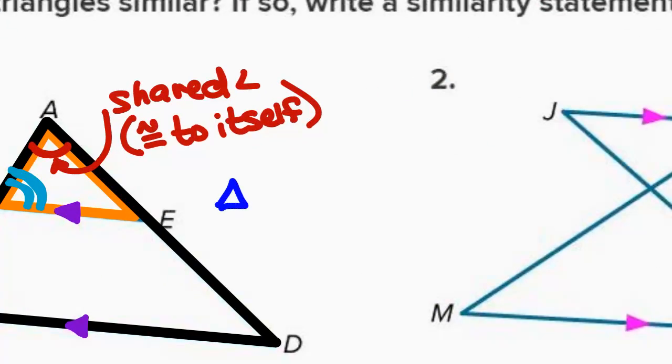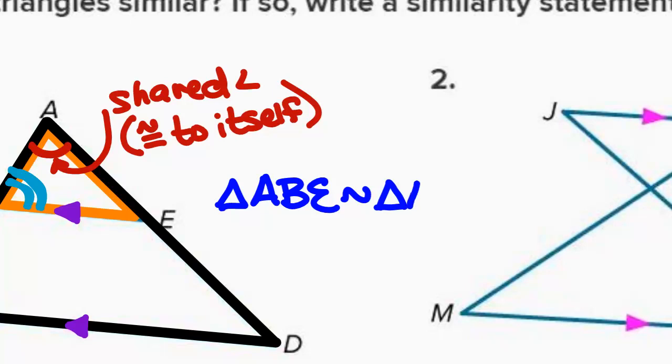So now we have to write our triangle similarity statement. Triangle. I'm going to call the first one A, B, E. The way we name the first triangle does not matter, so I've named my little triangle first. I'm saying that triangle ABE is similar to, well, angle A in my little triangle is congruent to what angle in my big triangle?